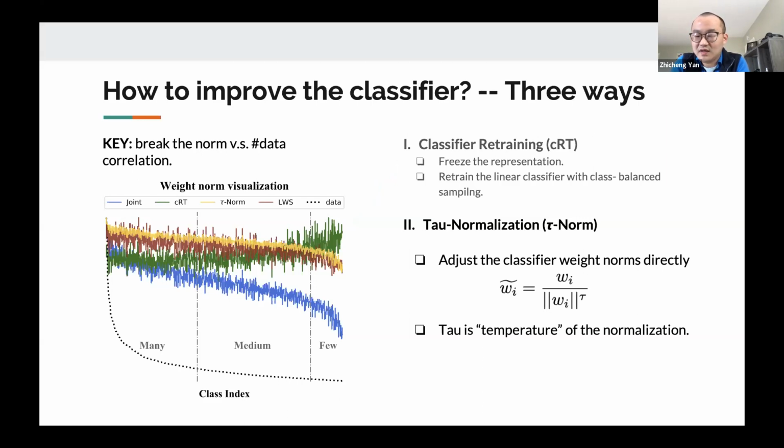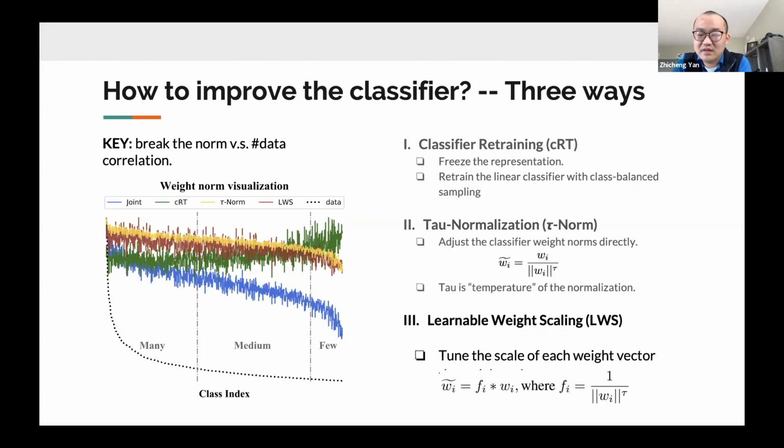And if you set tau to 0, you basically keep the weights unchanged. In practice, we empirically choose a value from 0 to 1 in this setup. By doing this, you can achieve similar results. The distribution of the weight norm is more balanced than in the baseline.